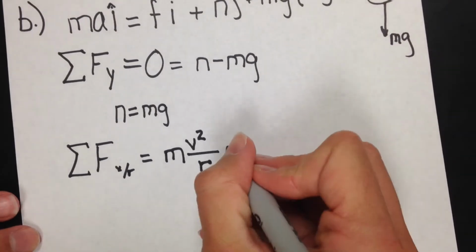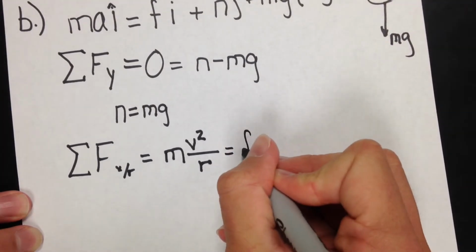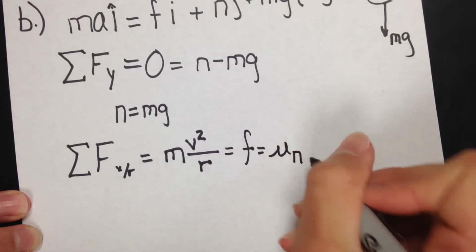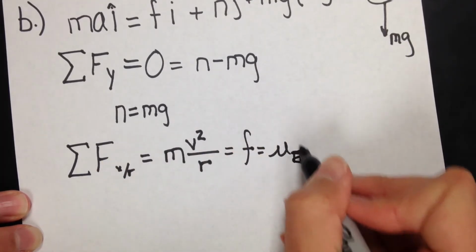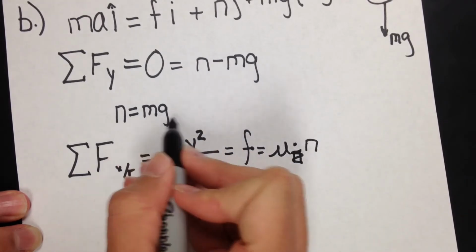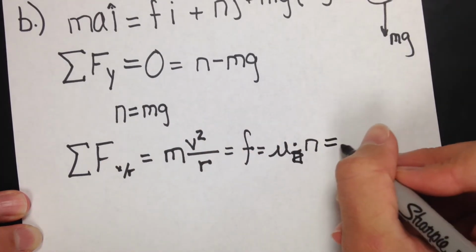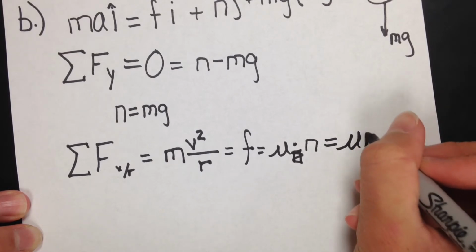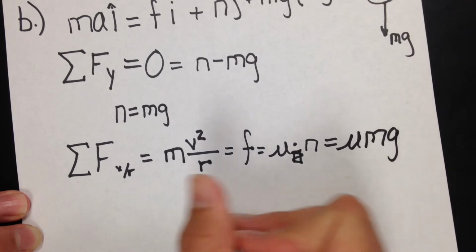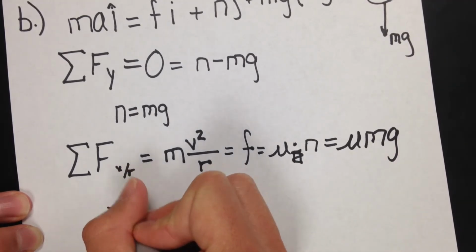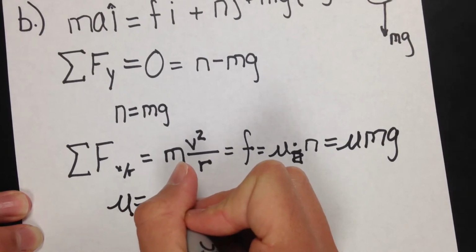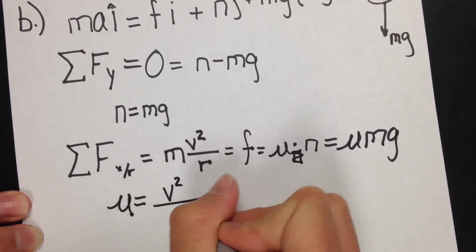And this is equal to the frictional force F, which equals mu times n. And then n equals mg as we found above, so it's going to be equal to mu times m times g.